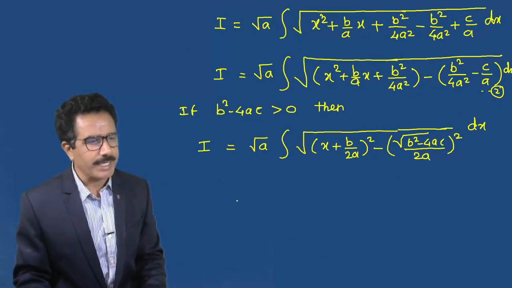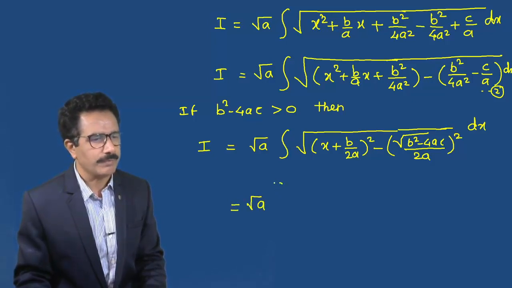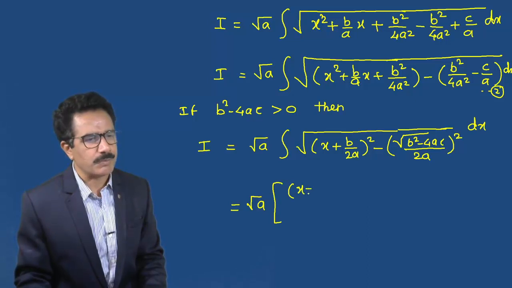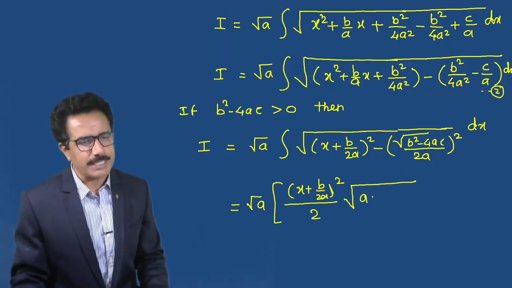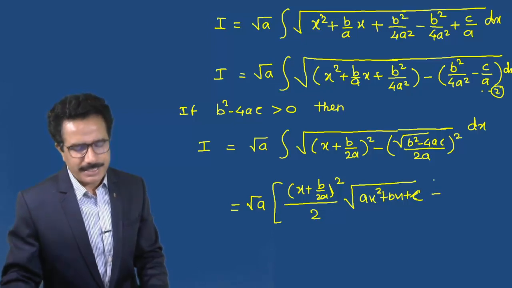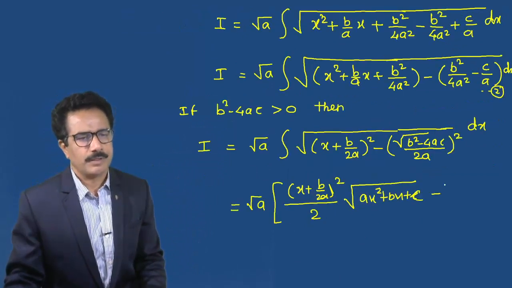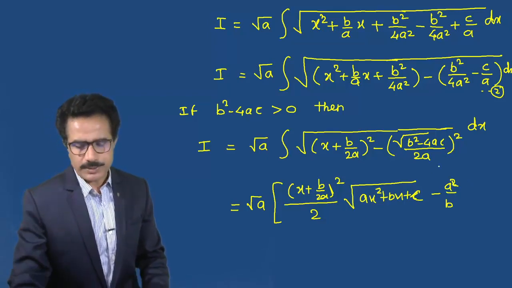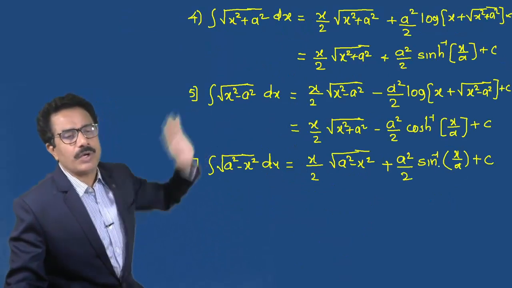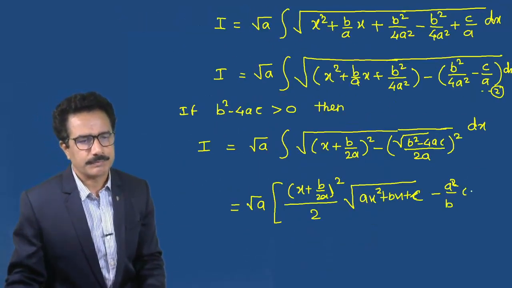X means this term, so we can write this integral as root a into x plus b upon 2a, divided by 2, into root of the same function ax square plus bx plus c, minus a square by 2 into cos h inverse of x by a.